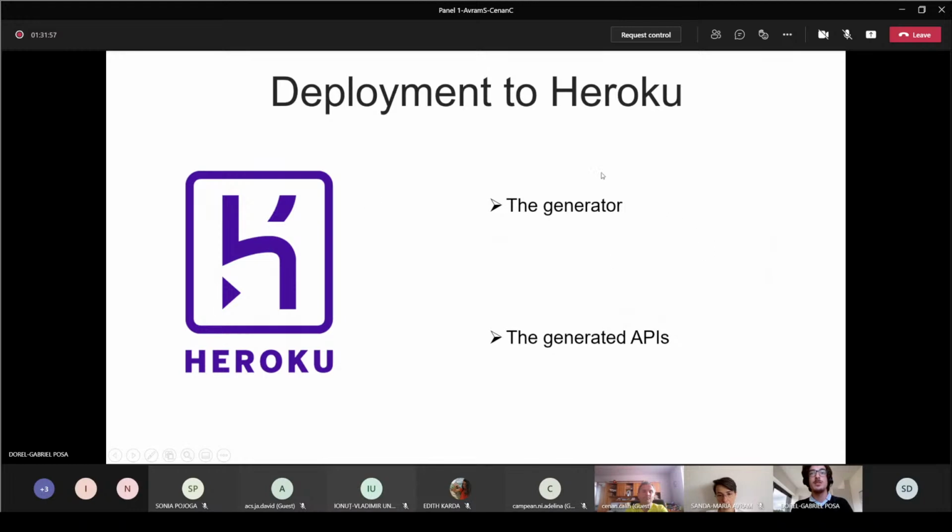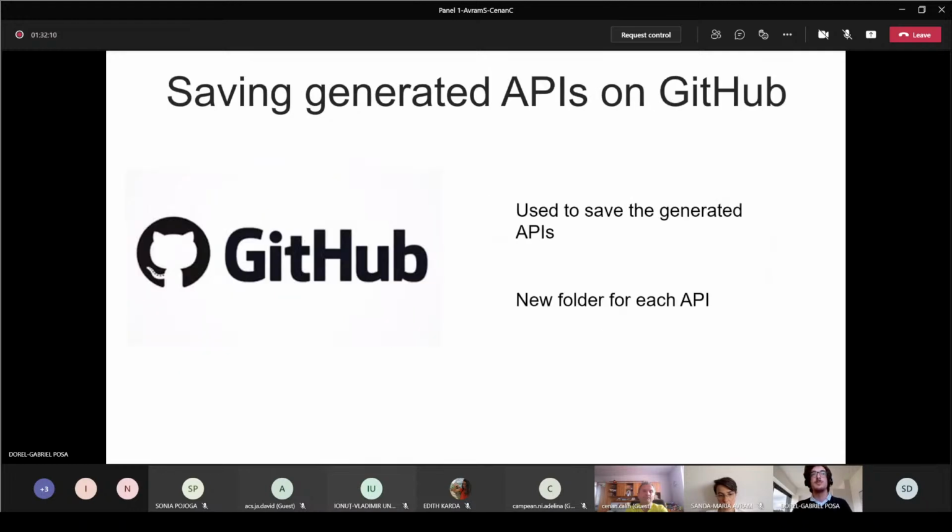JSONs were sent to the generator in order to generate the APIs. These APIs were then also deployed to Heroku and were used for the proof of concept. GitHub was used to store the generated APIs on the cloud. For each API, there's a new folder.